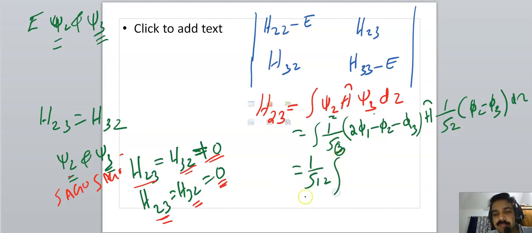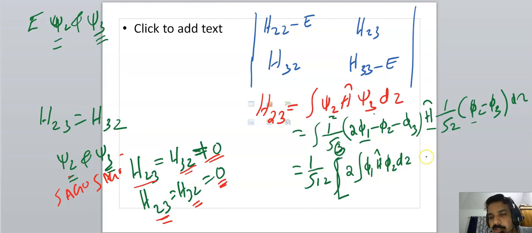Into integral 2 phi 1 H cap phi 2 d tau. This 2 we can take outside: 2 into integral phi 1 H cap phi 2 d tau, minus 2 into integral phi 1 H cap phi 3 d tau.